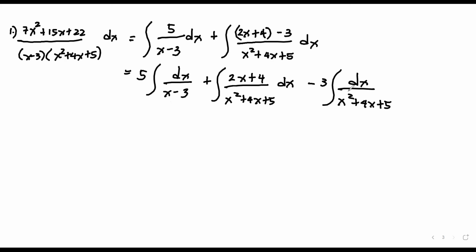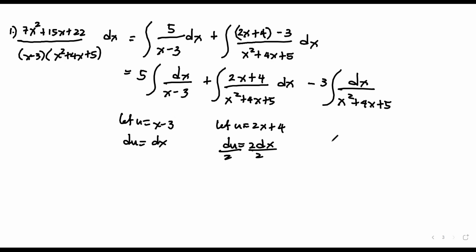So we'll have 5 integral of, sige, tignan natin. We let u be equal to x minus 3. So the derivative of u is dx. And here, we let u be equal to 2x plus 4. So the derivative of u is 2 dx. Divide both sides by 2. So magkakaroon tayo ng 1/2 du.